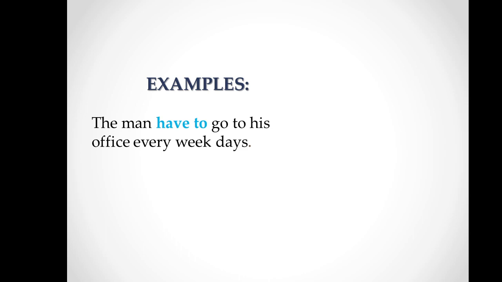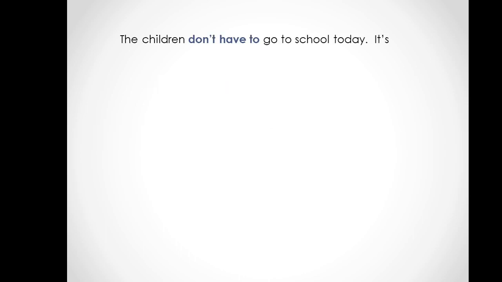Don't have to. We use don't have to express absence of obligation when something is not necessary to do. The children don't have to go to school today. It's Sunday.